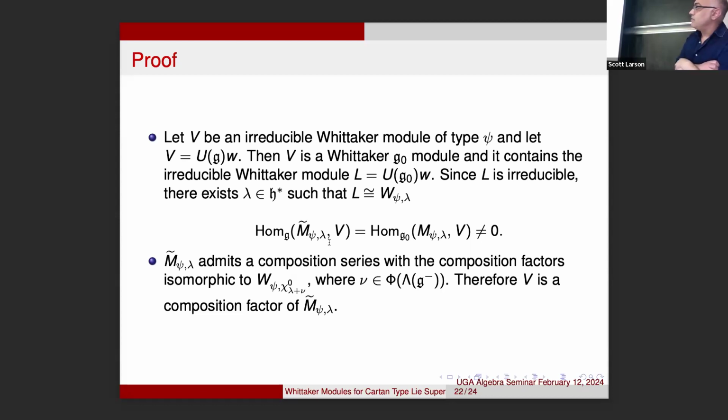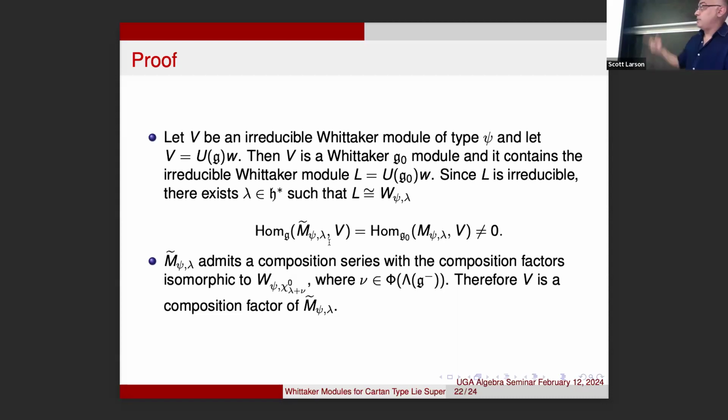This module V will contain U(G0)w, which is a G0 submodule, because V is a G0 module. This is a submodule of it, so it's inside. Since it is irreducible, because it's generated by a cyclic vector, it's isomorphic to one of the standard Whittaker modules.